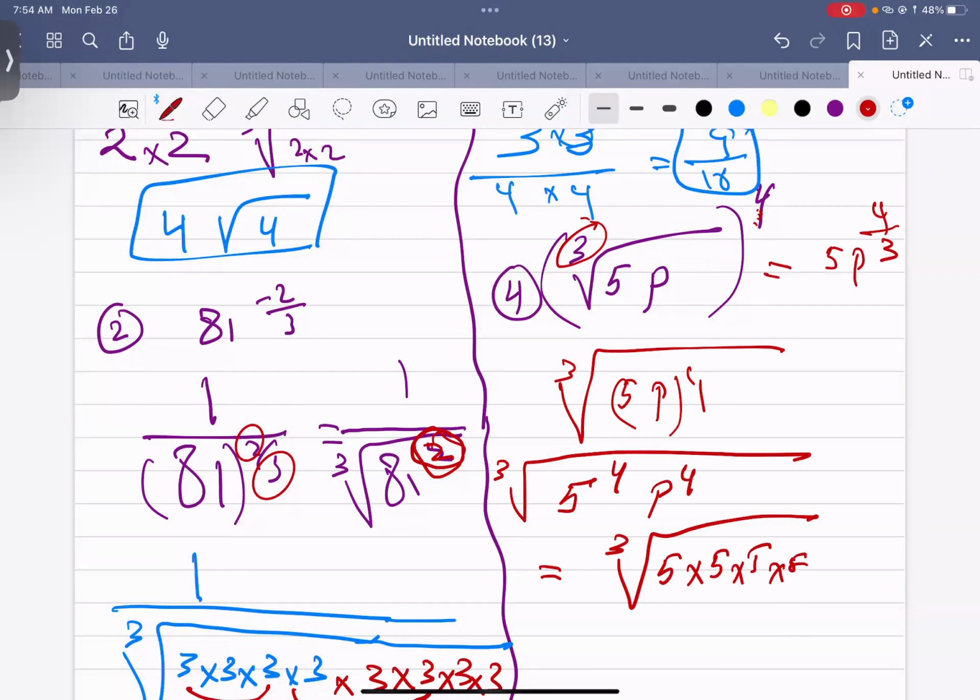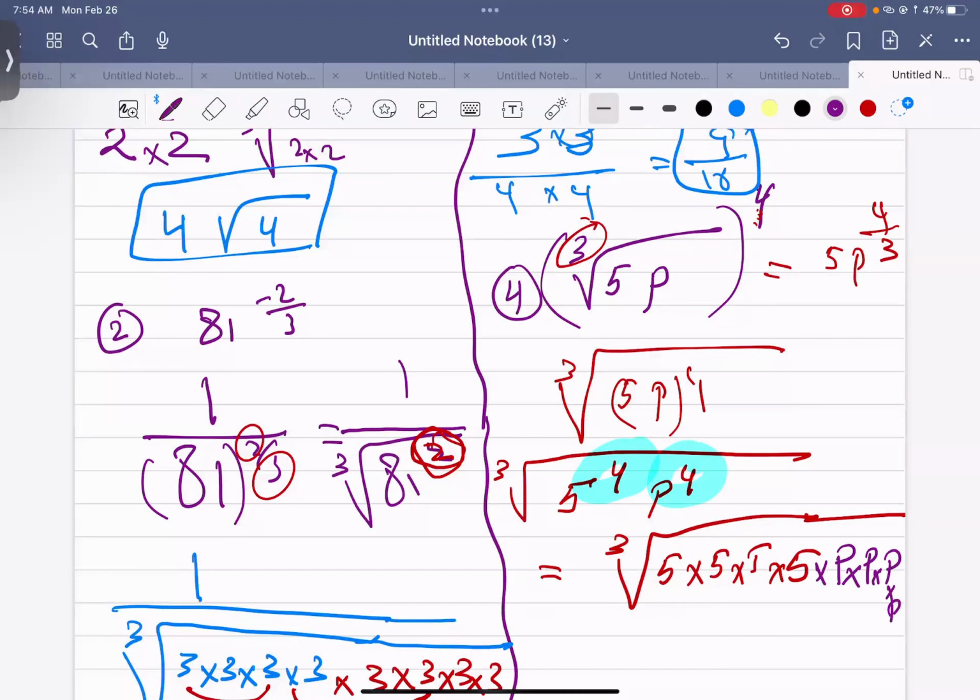Why, Mikhail, did you write it 4 times? Well, because it's written to the 4th power. Each one is to the 4th power, so I'm going to do each one 4 times. Times p, let me change the color, times p 4 times.